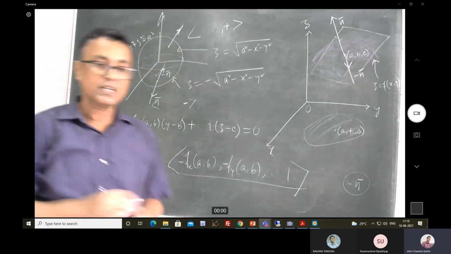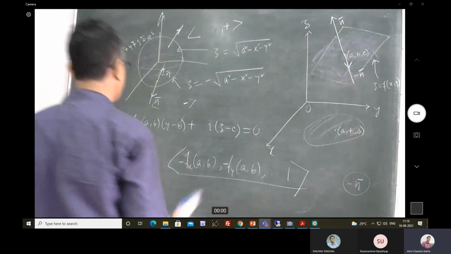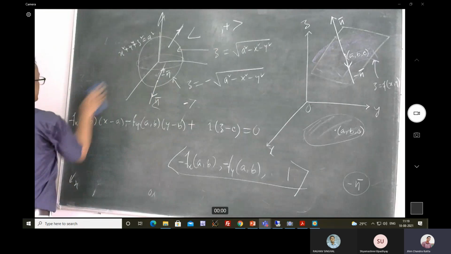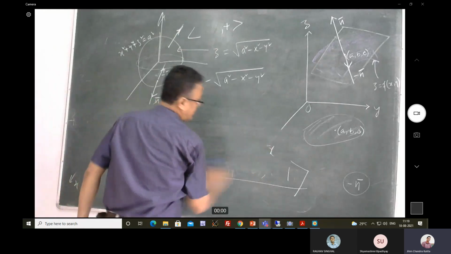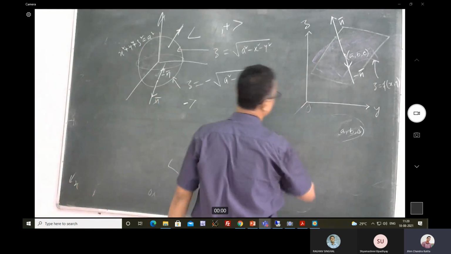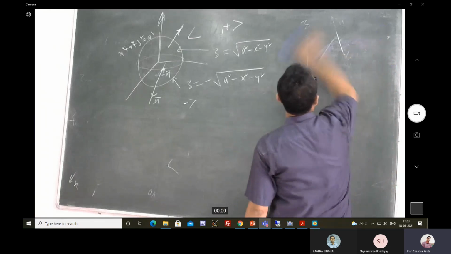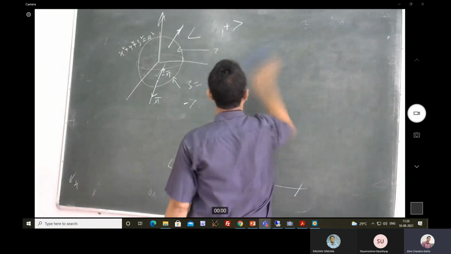So basically, whether it is inward or outward depends upon the surface. Okay, fine. Now let me show you some commonly used surfaces, and after that I will move to the concept of linear approximation or tangent plane approximation.